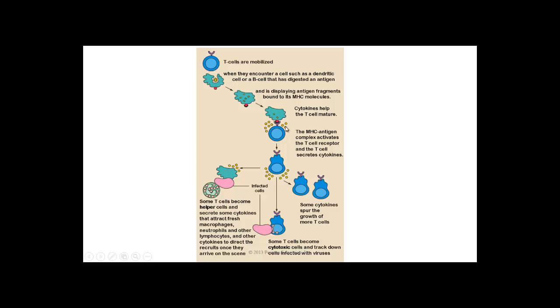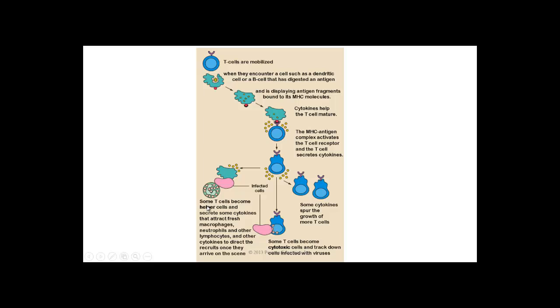So it releases the cytokines, and then those cytokines will stimulate other T cells and will also help to invade other infected cells. And then some of those T cells are stimulated to become killer cells, which we call cytotoxic T cells, which will look for other cells infected with virus.